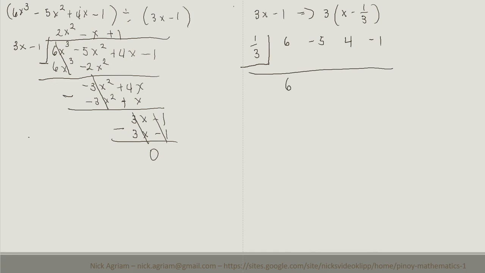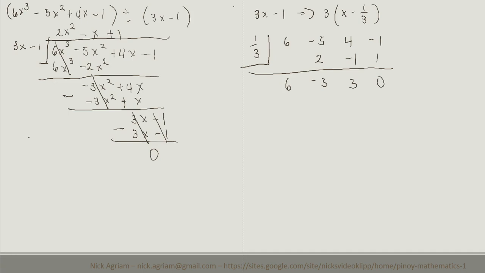And then we have 6 there. We have positive 2. We have negative 3. And we have negative 1. We have 3. We have 1. We have 0. So remainder is 0.